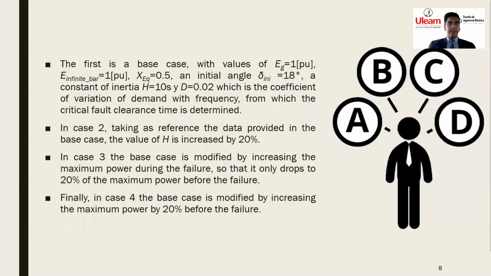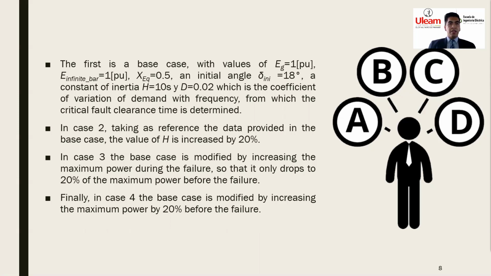The first is a base case with a voltage in the generator equal to 1 per unit, voltage in the infinite bus equal to 1 per unit, equivalent reactance equal to 0.5, an initial angle delta equal to 18 degrees, an inertia constant H equal to 10 seconds, and a coefficient of variation of demand with frequency equal to 0.02.